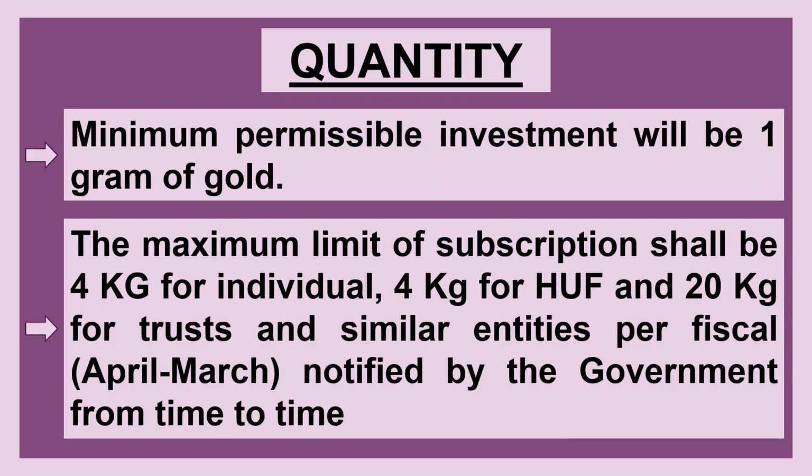Quantity. Minimum permissible investment will be 1 gram of gold. The maximum limit of subscription shall be 4 kg for individual, 4 kg for HUF and 20 kg for trusts and similar entities per fiscal year, April to March, notified by the government from time to time.